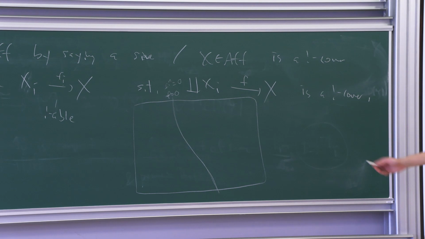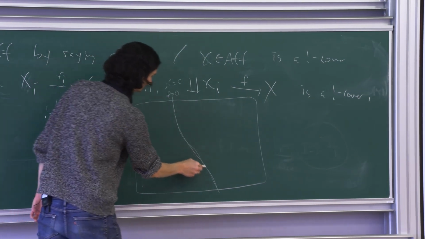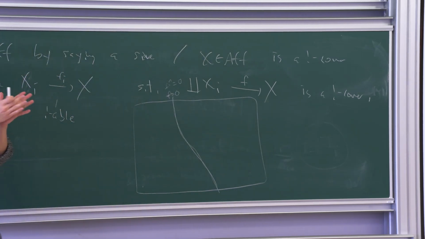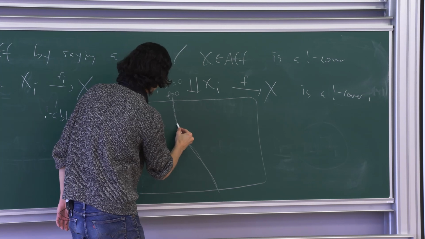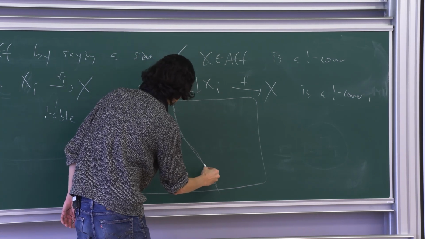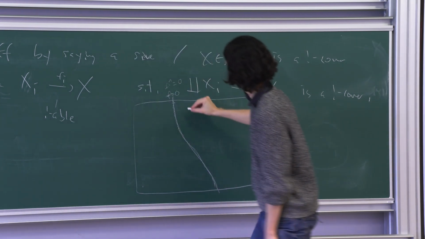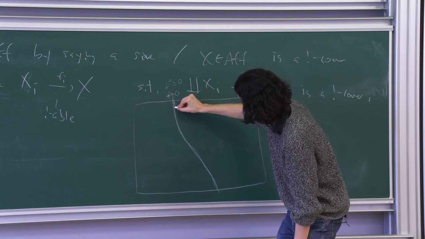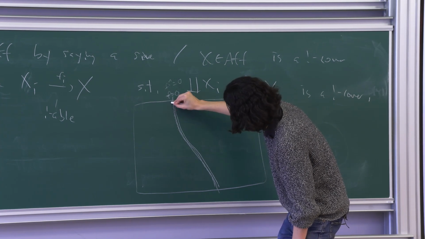So what you're really deleting is not the locus where f equals 0, but the whole formal neighborhood of that. And so then it requires some fuzz. And I claim that what you should really think is that that fuzz is making this thing behave more like an open subset, and that the Zariski open should really be thought of as closed, and it should have a boundary, some kind of tubular neighborhood.